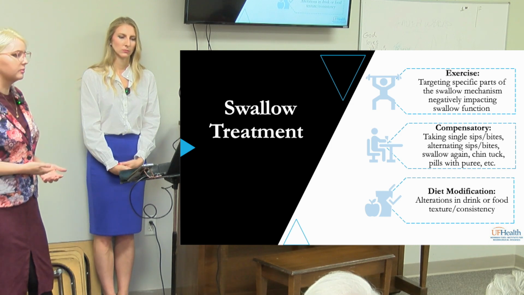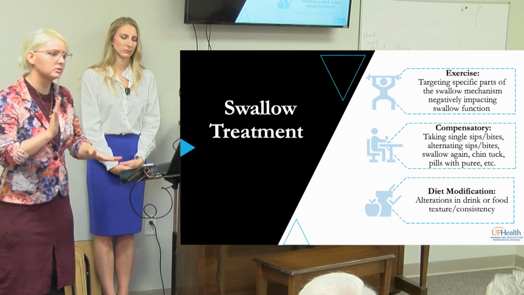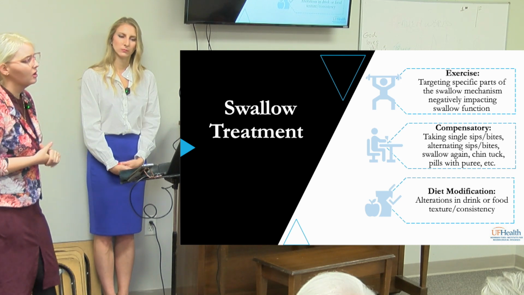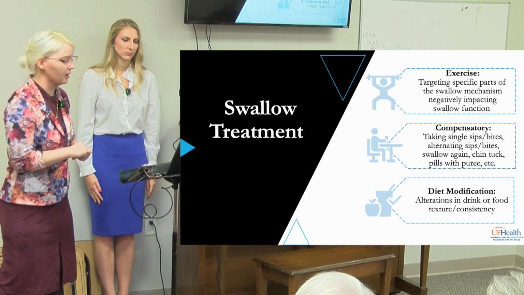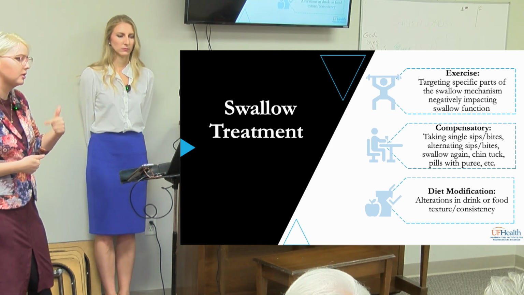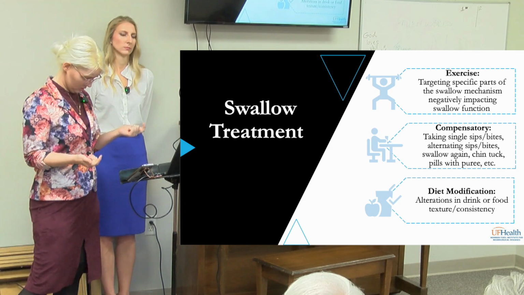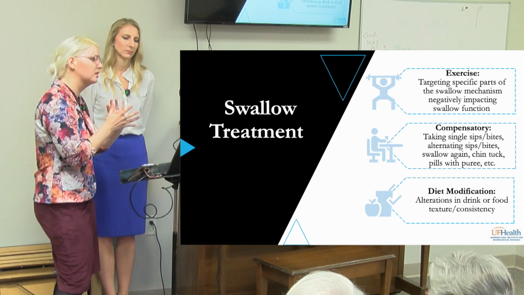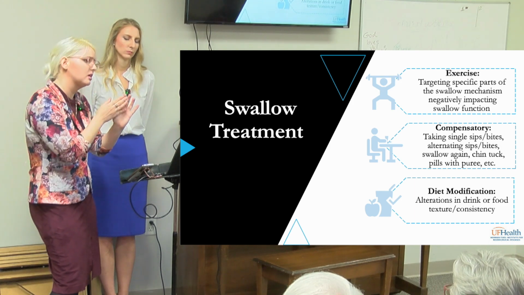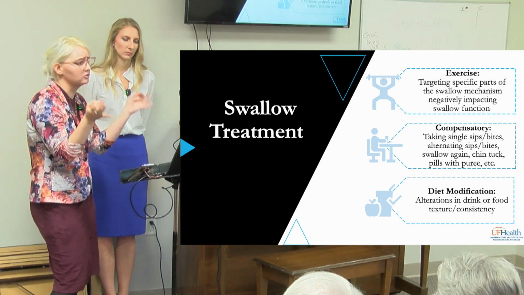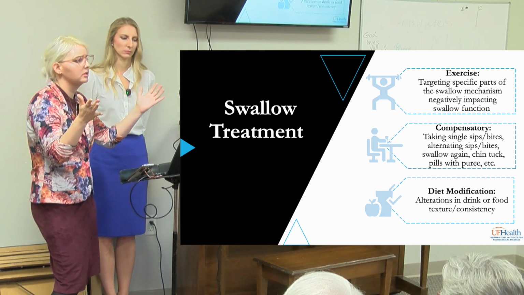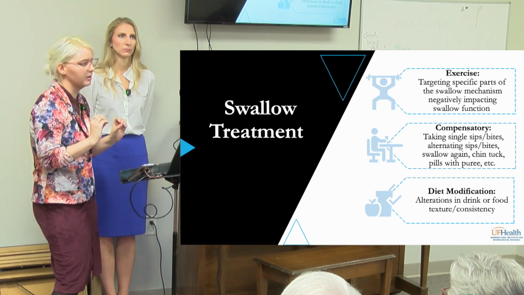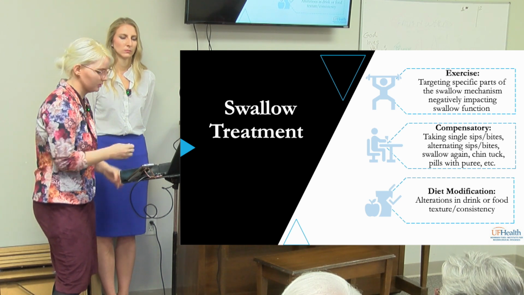We'll most often recommend compensatory strategies, so that looks like alternating bites of food and sips of liquid, taking smaller or single sips and bites, swallowing again after you've swallowed once, doing a chin tuck while you swallow, taking your pills in puree, all that kind of stuff. It all depends on exactly what the issue is in your swallow. There's no one catch-all swallow regimen to do. It's very much tailored to what is specifically going on with your swallow.